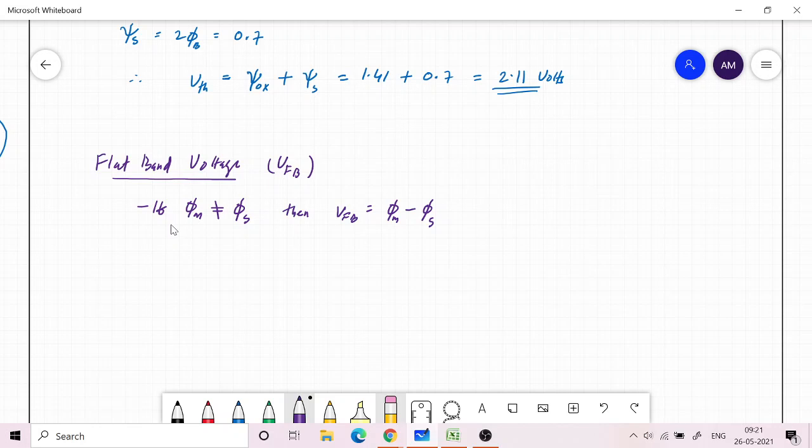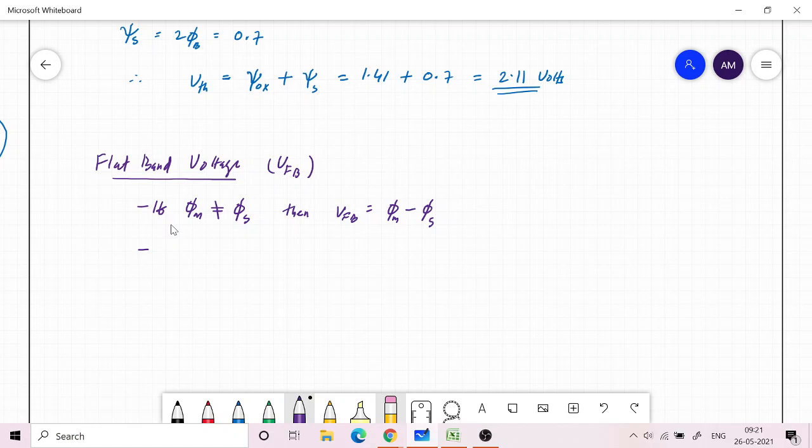If some material that we are using has a large work function for the metal, then φm minus φs could be positive also. In that case we need to apply a positive flat band voltage in order to straighten the band. Okay, so this is one way flat band voltage can arise.